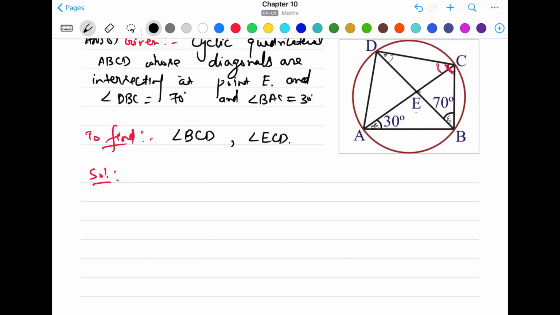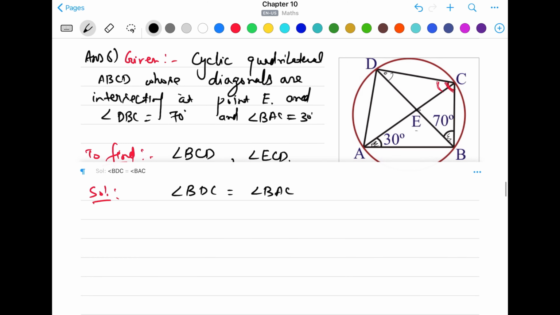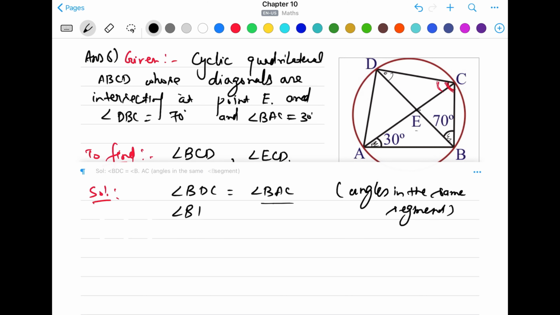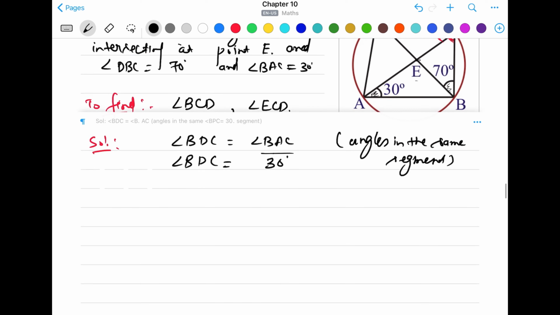So angle BDC will be equal to angle BAC, because these two are angles in the same segment. We are given the measure of angle BAC, therefore angle BDC will also be equal to 30 degrees.